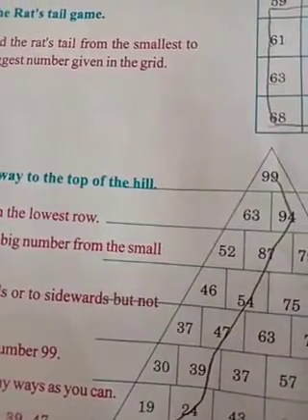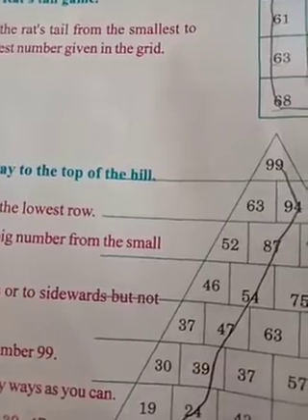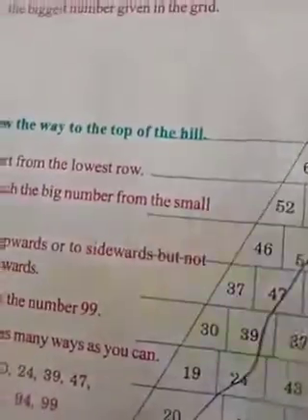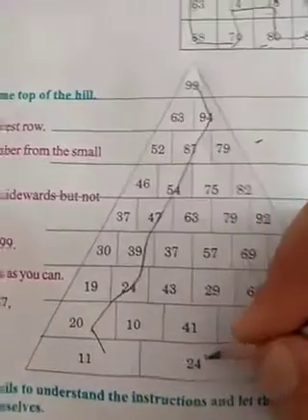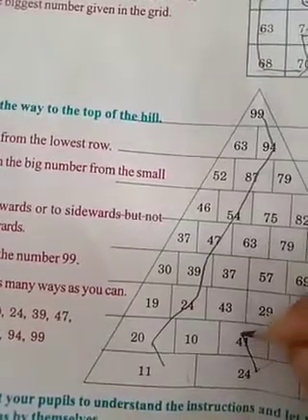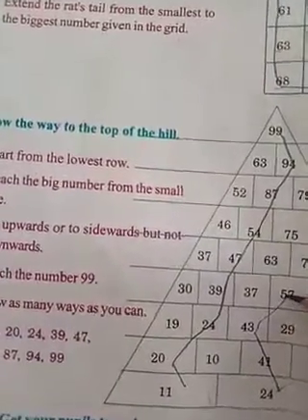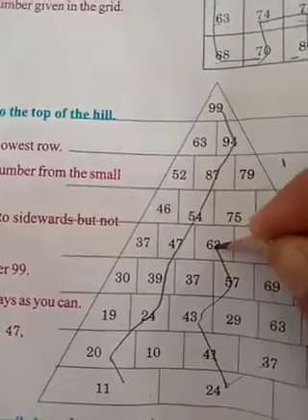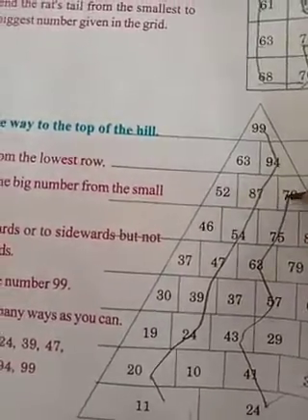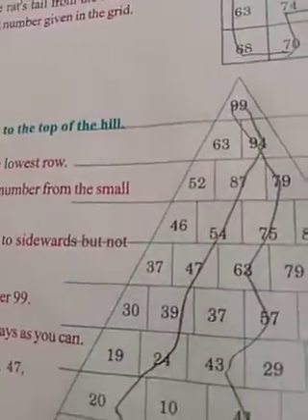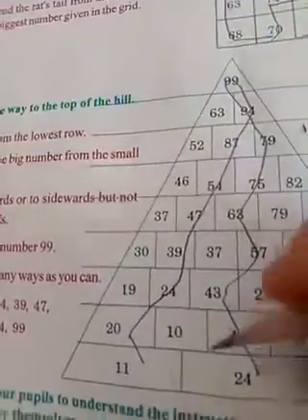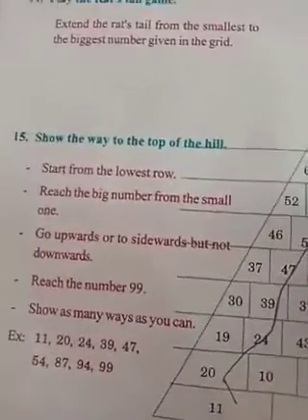So here also it will come, I think. Wait a moment. Again, another one is there. See here: 21, 41, 43, 57, 63, 75, 79, 94, 99. Yes? See here, here also one way is there.